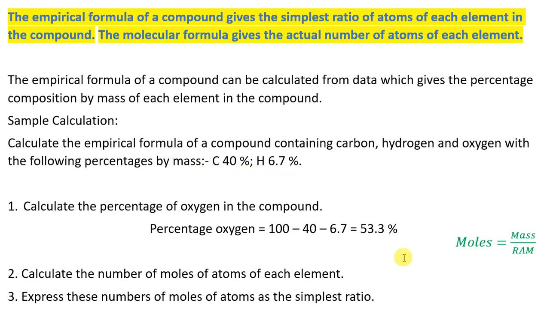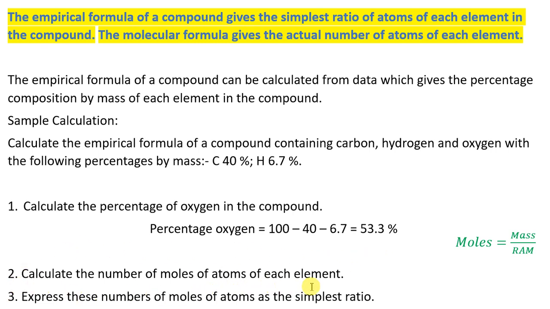I'm given carbon and hydrogen only. So my first thing here is to calculate the percentage of oxygen in the compound. Subtracting from 100%, 40 for the carbon, 6.7 for the hydrogen gives me 53.3% for the oxygen.